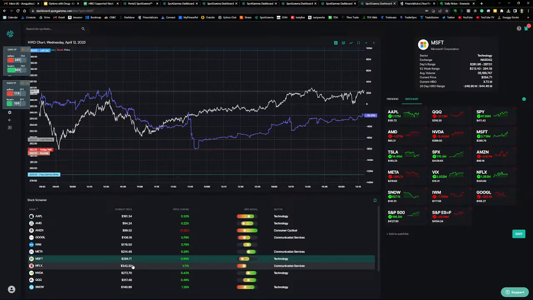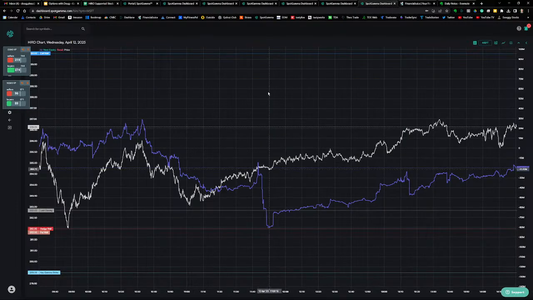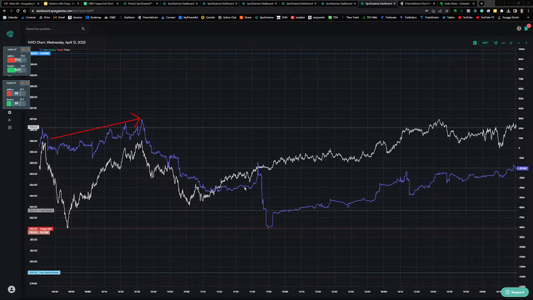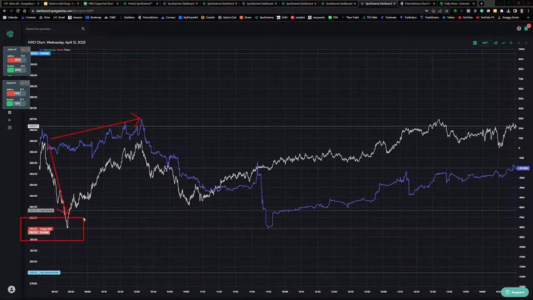All right, this was a little bit more difficult to interpret, but I did interpret this as a divergence long. Notice Hero is making a series of higher highs, moving higher. Price moves lower, right down to the 282 put wall, hedge wall, and reverses higher.